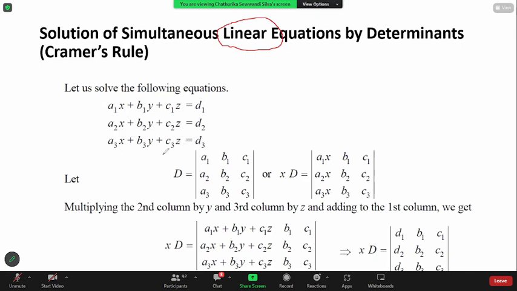Here three equations have been given. Out of the coefficients of these equations, you can form the matrix on your own. Here A1, B1, C1, and also A2, B2, C2, then A3, B3, C3.